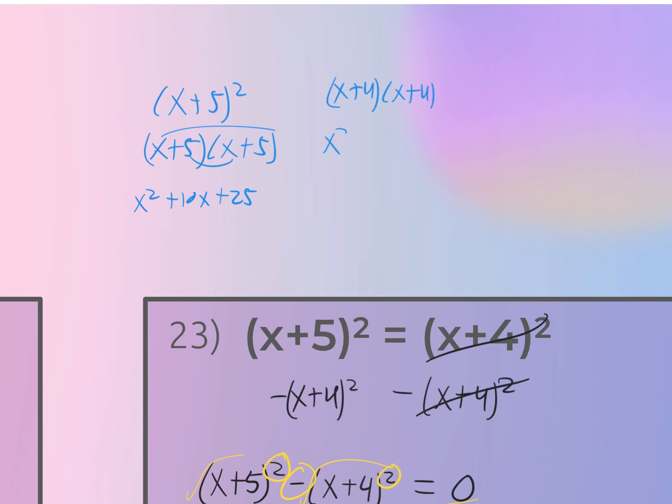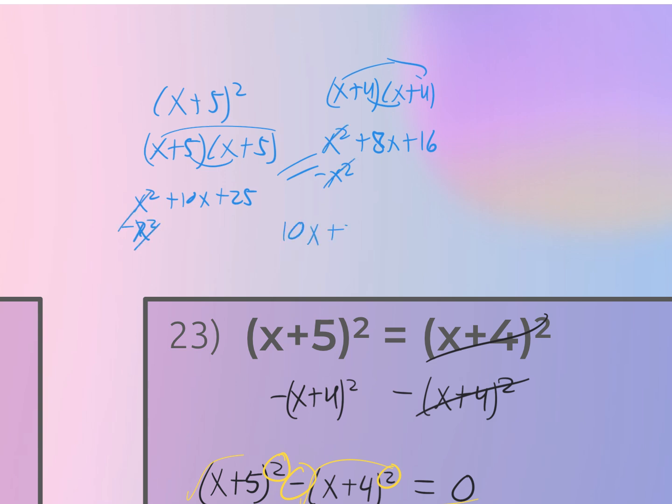Foiling that, we get x squared, 4x plus 4x is 8x, and then plus 16. So then these are equal. And now to get everything to one side, let's subtract the x squared, but just doing that right away, you're going to see the x squared terms cancel out.